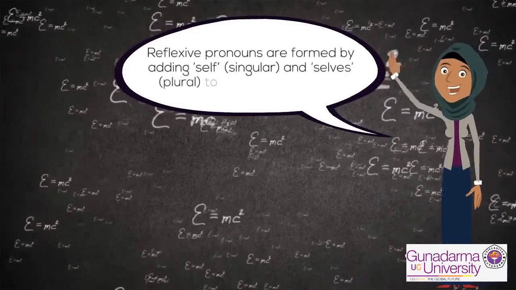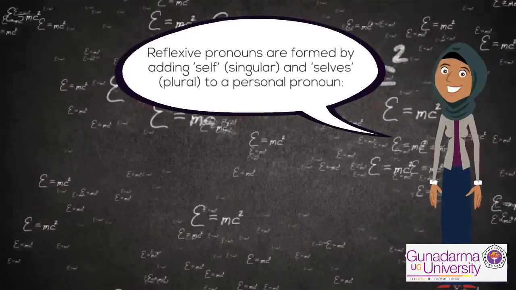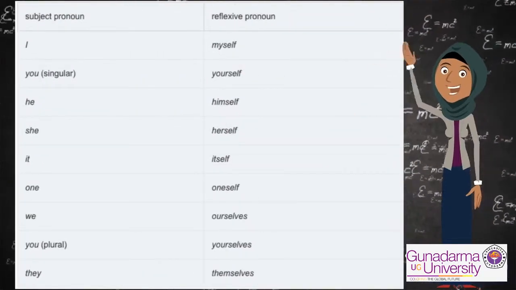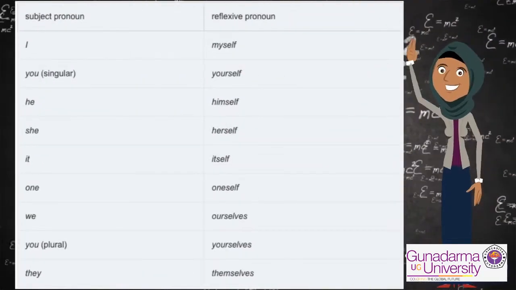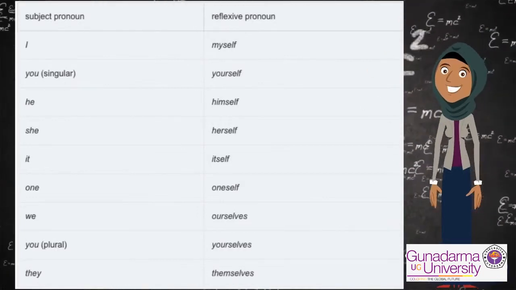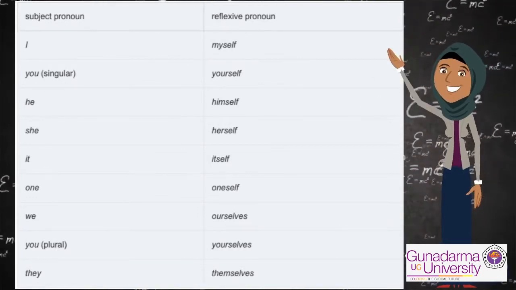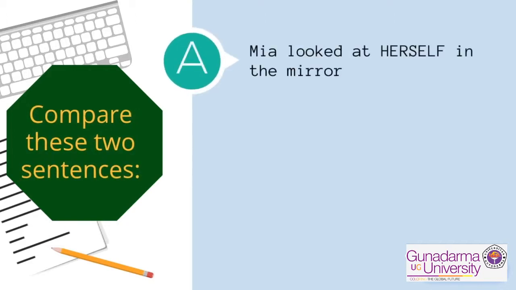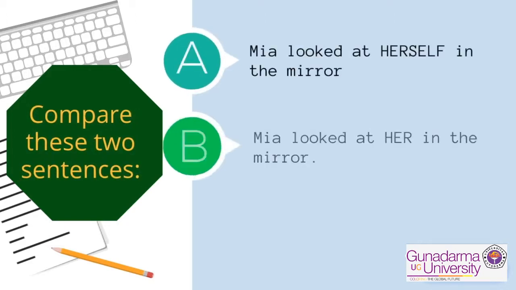Reflexive pronouns are formed by adding self, singular, and selves, plural, to a personal pronoun. Here is the list of reflexive pronouns. Compare these two sentences. Mia looked at herself in the mirror. Mia looked at her in the mirror.